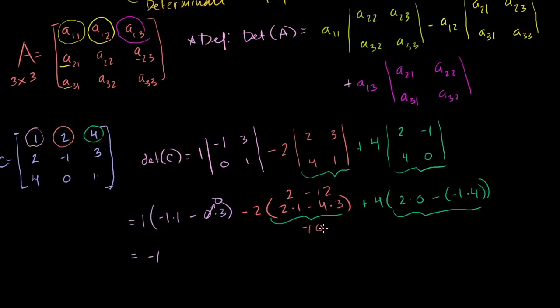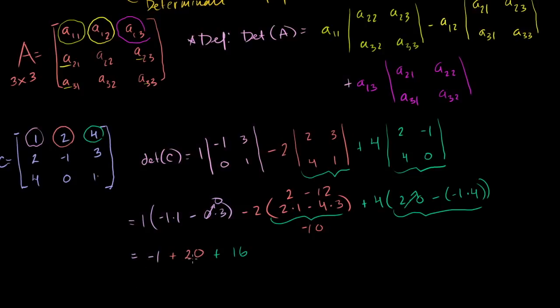And then you have a -10 times a -2, so that becomes a +20. And then finally, we have 2 times 0, that's just a 0. And then you have -1 times 4, which is -4. But then you have a minus sign here, so it's +4. And then 4 times 4 is 16. So plus 16.